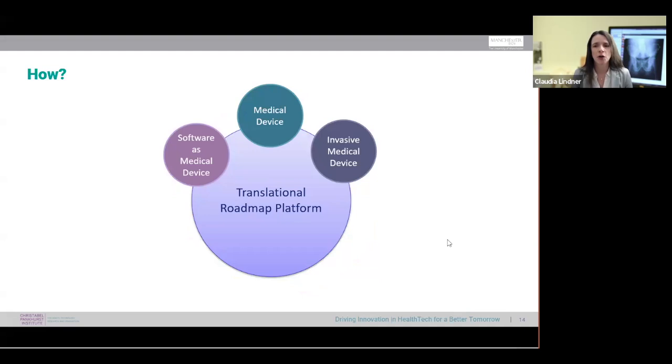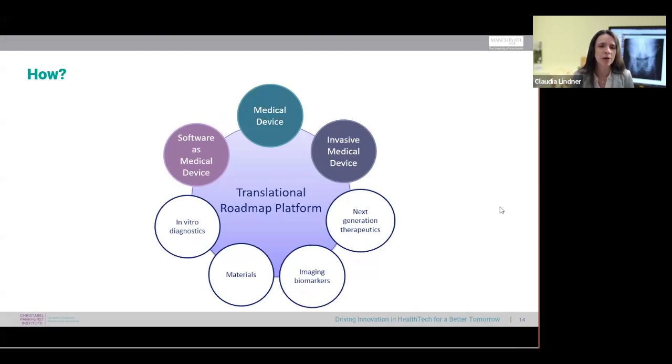Because we have developed the translational roadmaps as a platform, this opens up opportunities for additional roadmaps. In the future, one could think of, for example, roadmaps for in vitro diagnostics, materials, imaging biomarkers, next generation therapeutics, etc., following that same underlying structure but being tailored for the particular health technology.